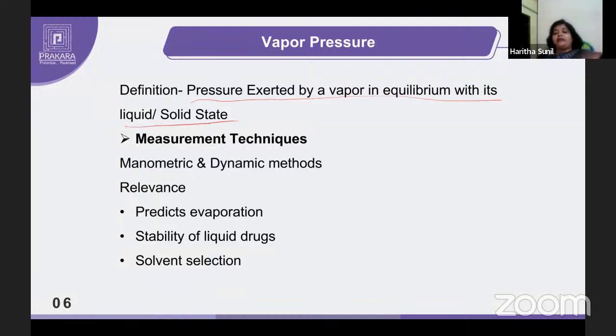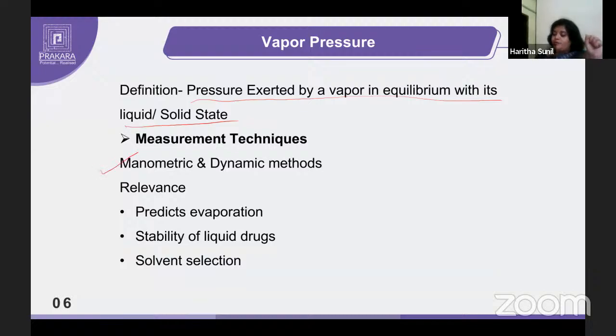It always reflects the tendency of molecules to escape from a liquid or solid surface into the vapor phase. A higher vapor pressure indicates a greater tendency for a substance to evaporate. It is also important for understanding the evaporation behavior of solvents and the stability of liquid formulations.